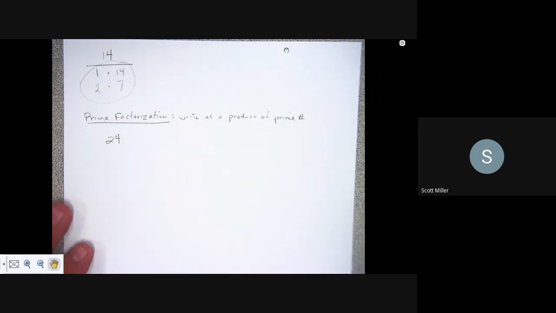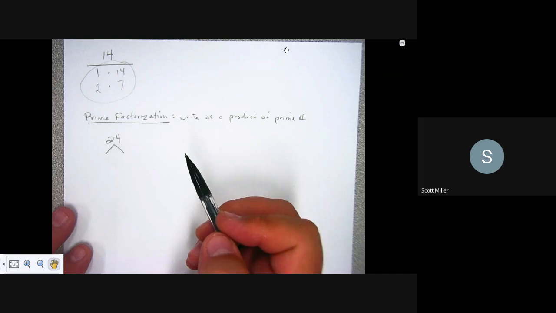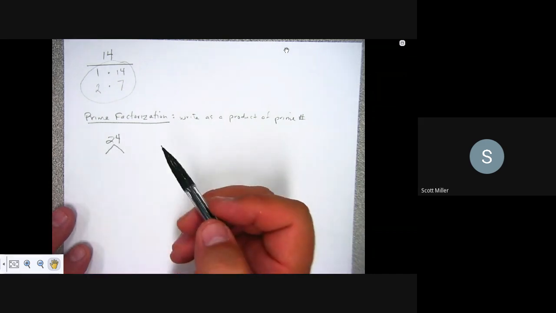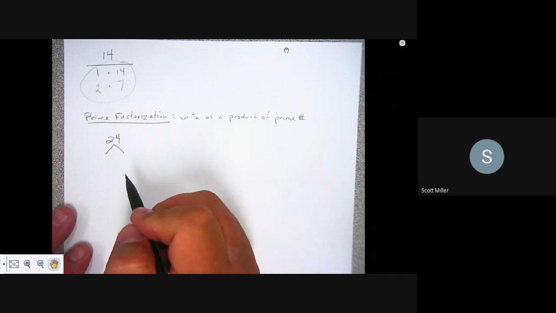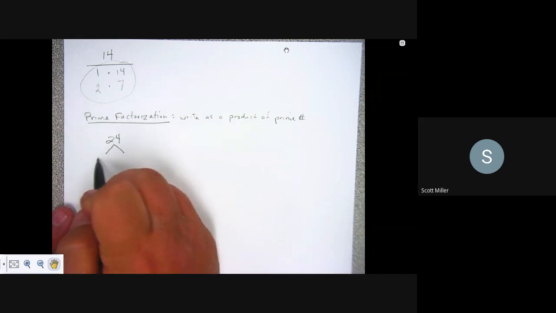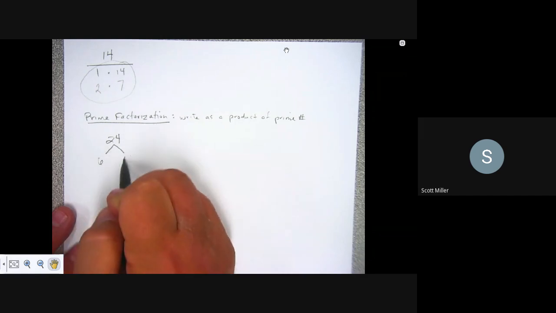Usually what I do in this case is do what's called a factoring tree. Factoring tree means I'm going to branch off two numbers, and you just got to find two numbers that multiply to equal 24. And it can be any two numbers you want. It doesn't matter. There's a lot of different choices for two numbers that equal 24. But two factors that multiply and equal 24, I'm going to use the number 6 and the number 4.